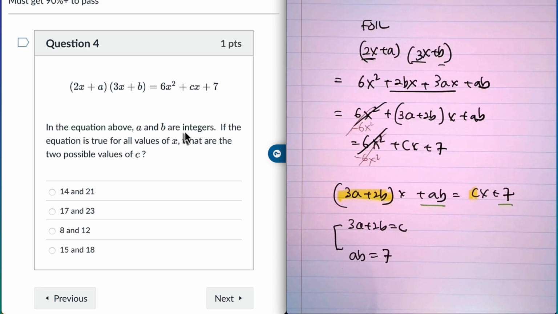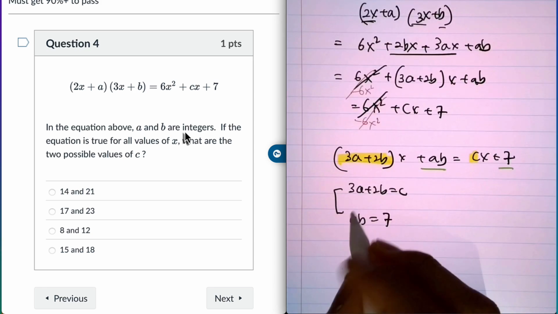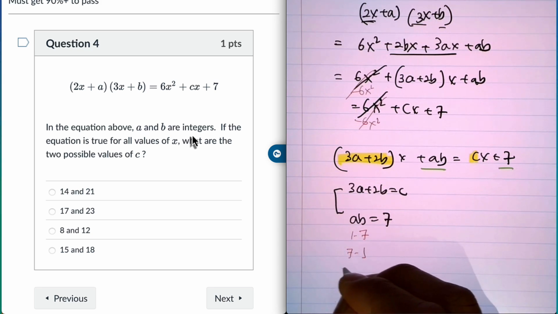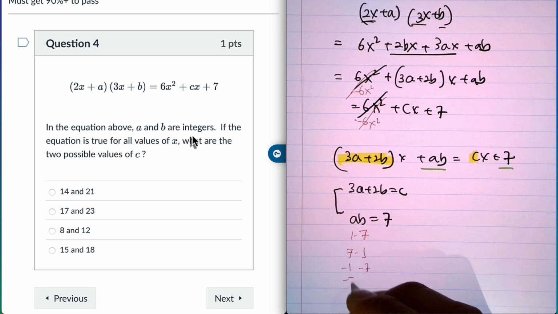So a times b can only be 1 times 7 or 7 times 1. Because it didn't say positive integers or natural numbers or whole numbers, we can also try -1, -7, -7, and -1. So those are the limited possibilities that can satisfy the condition here.